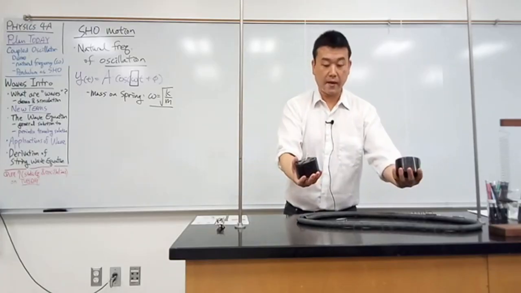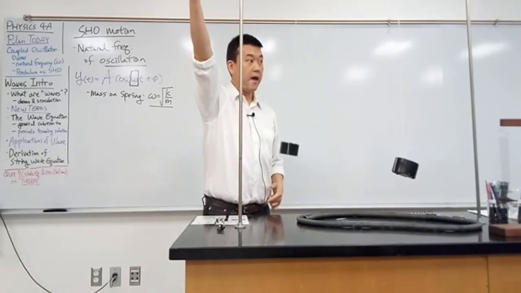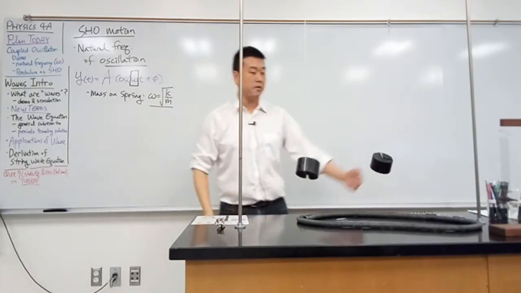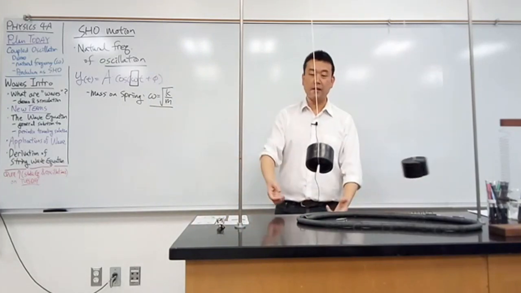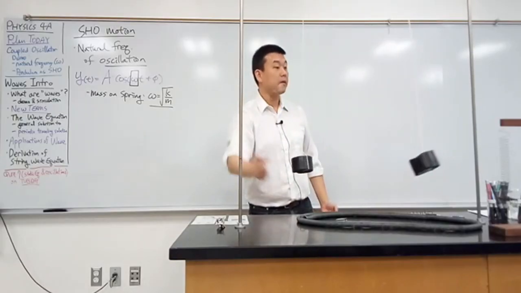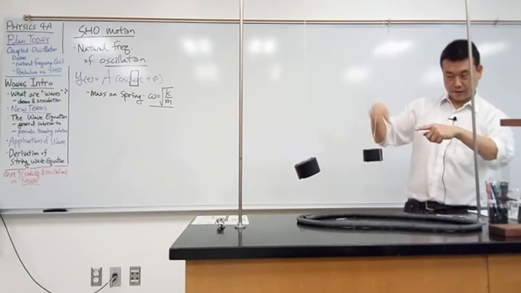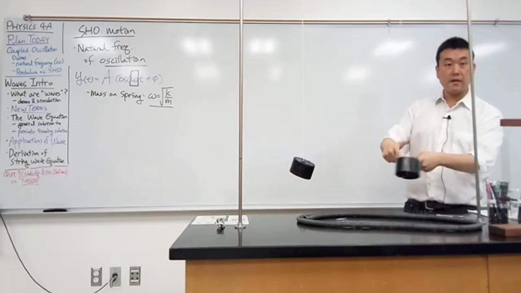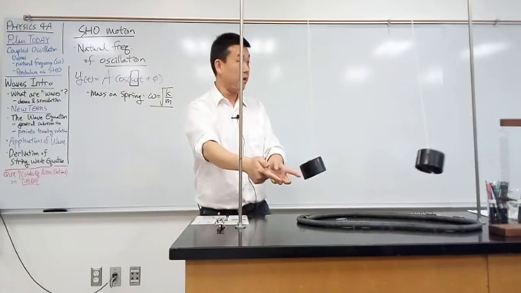So when I get one to move first, this shakes the support at just the right frequency that with each cycle, it's putting more and more energy into B. As it's doing that, A is losing energy, so it slows down, comes to an eventual stop, and then at that moment B is shaking the support, and the shaking of the support puts some of the energy back into A.